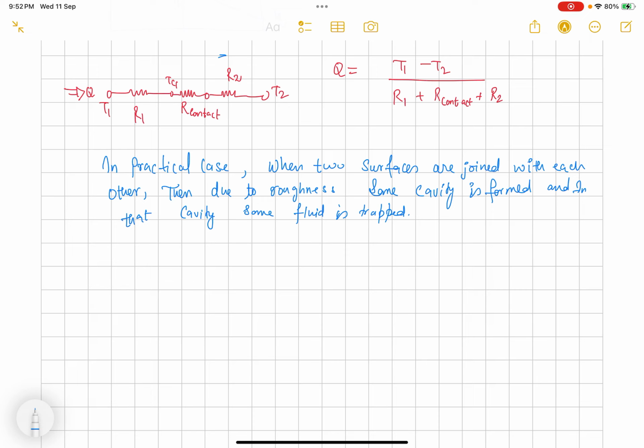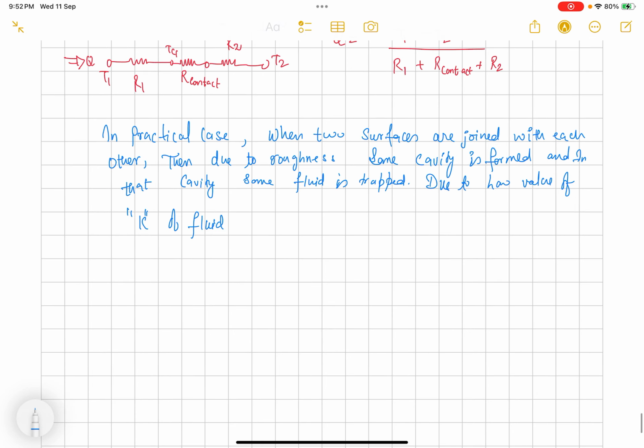And due to the low value of thermal conductivity of fluid as compared to solid, there is additional resistance. There is additional resistance which comes into the picture for heat flow.